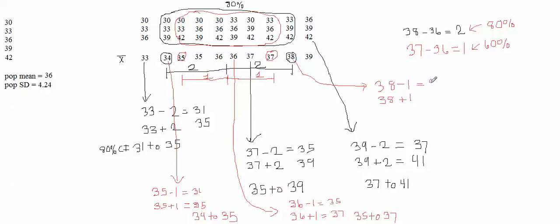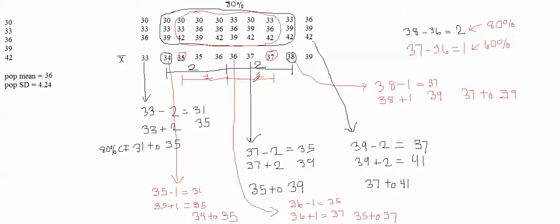The confidence interval goes from 37 to 39. So now we've created three 60% confidence intervals.